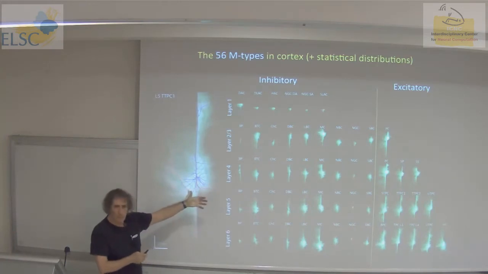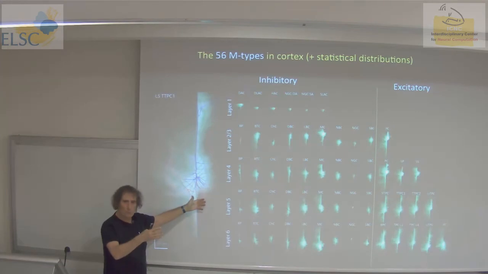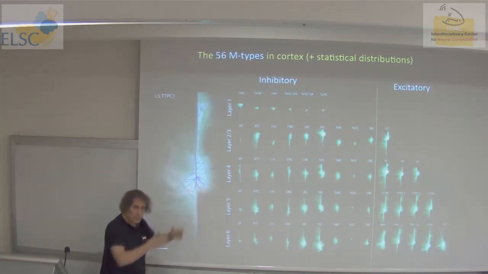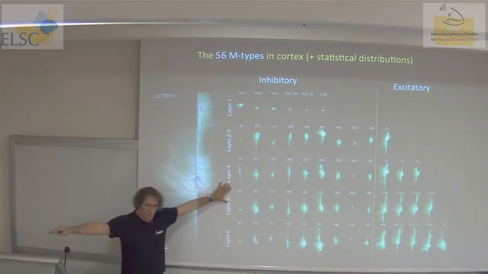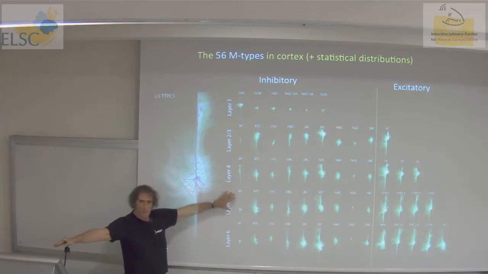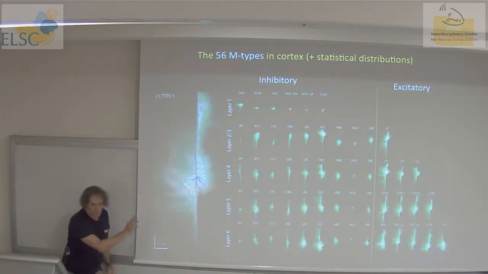So this is one example. By the way, a huge paper in Nature is about to come out in a few months, summarizing all that, the whole concept of putting data together. This is morphological data. You will see soon electrical data, genetic data, and chemical data, to put it in order. So I'm just highlighting what we know today.